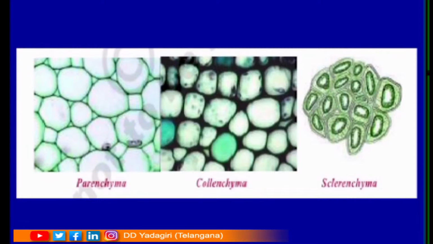If you look at this picture, the parenchyma cells are thin and large, having intercellular spaces in between them. The chlorenchyma has a thick cell wall without any intercellular spaces. Now, if we talk about the sclerenchyma, sclerenchyma contains mostly dead cells and they have a thick cell wall. Children, just have a look at parenchyma cells.